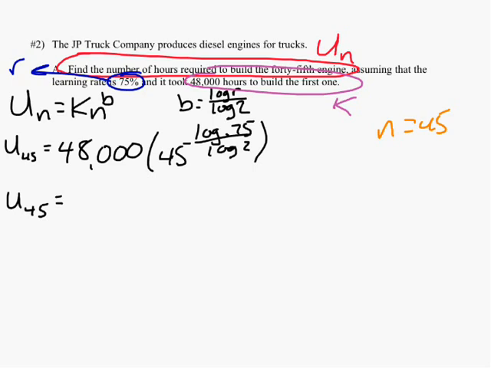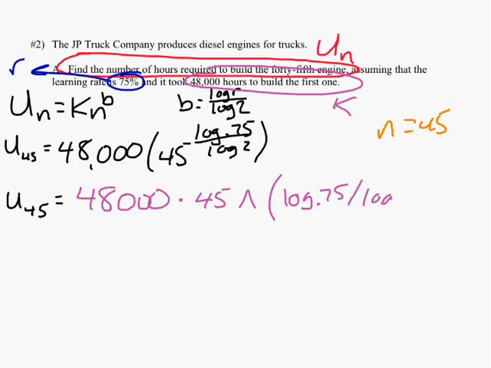And this is how you should type it in. You should type in 48,000 times 45 caret parentheses log 0.75 divided by log of 2.